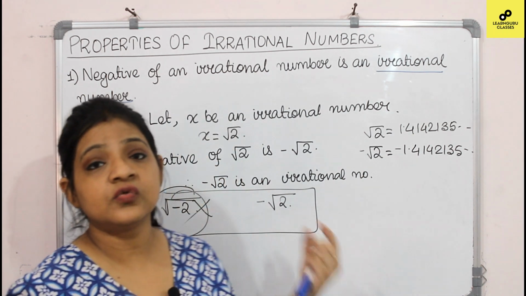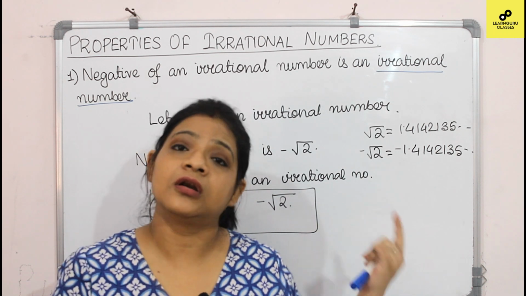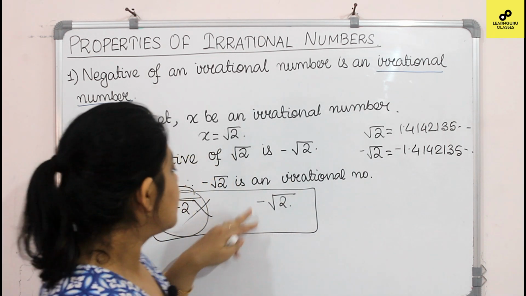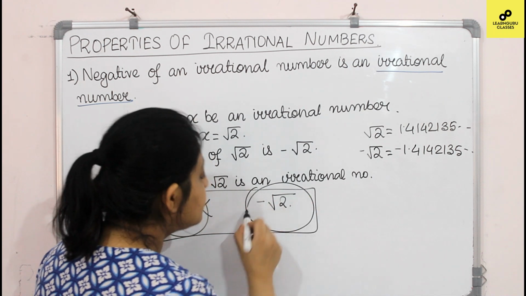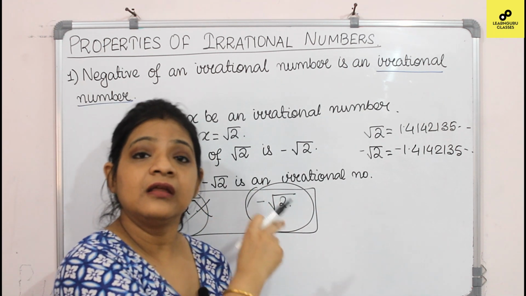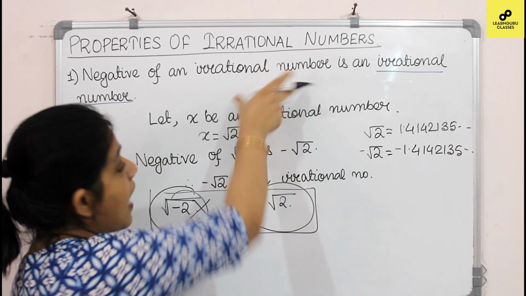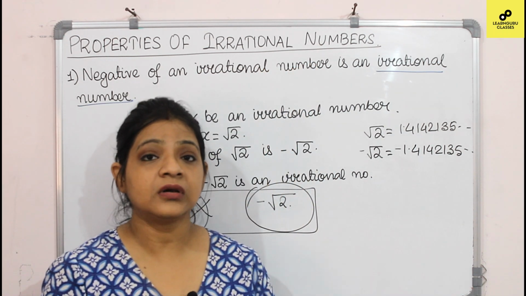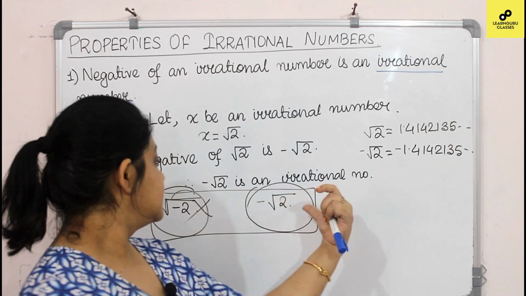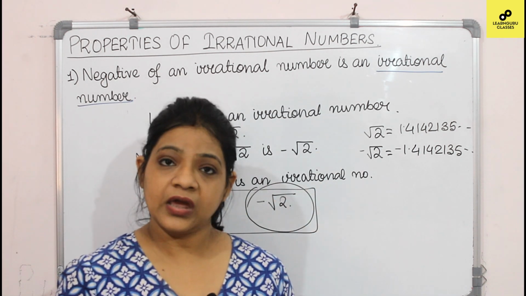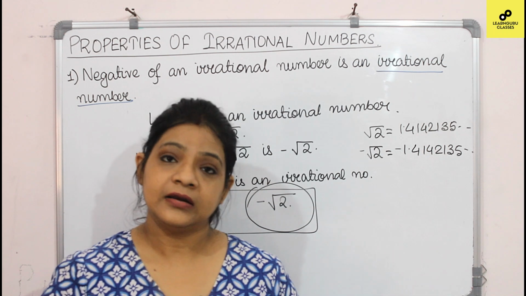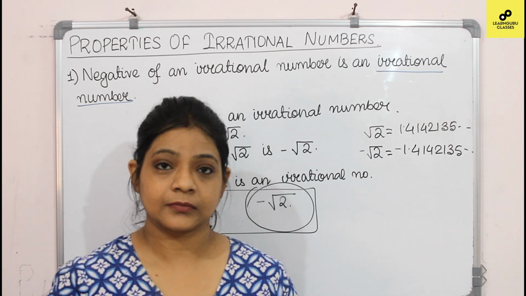Root over minus 2 is a separate entity called a complex number, whereas minus root 2 is the negative of the irrational number root 2, which is asked in the statement. So don't get confused with these two notations. Okay, so let's move on to the next statement.